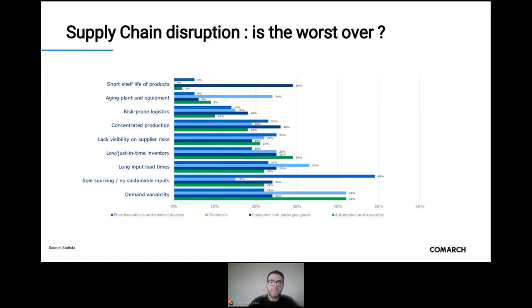As you can see in this graphic, we can see the most prevalent factors and conditions that make businesses more vulnerable to supply chain disruption worldwide. Different industries are listed here, and those determinants can vary considerably by industry.